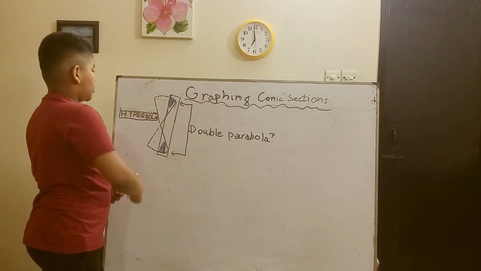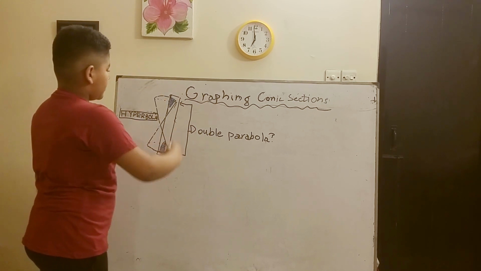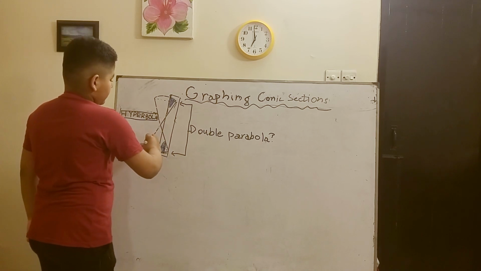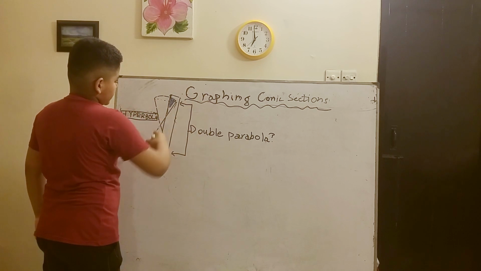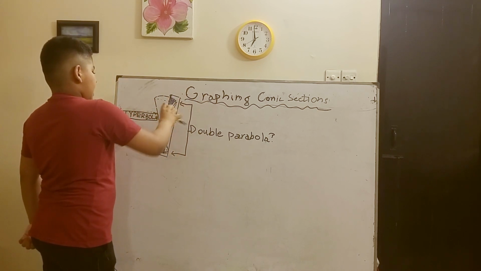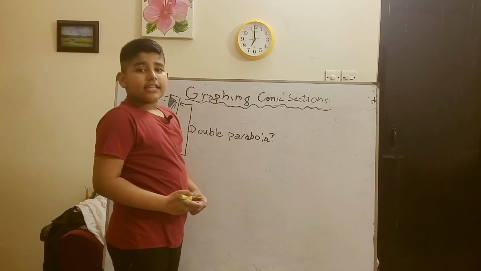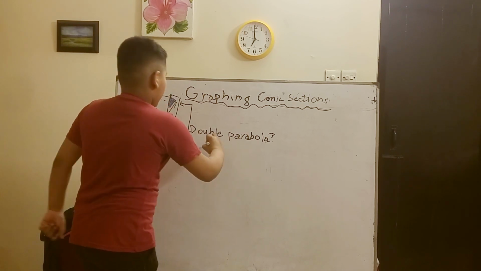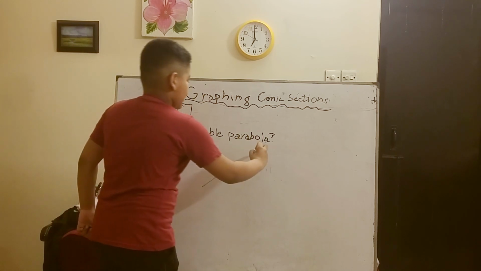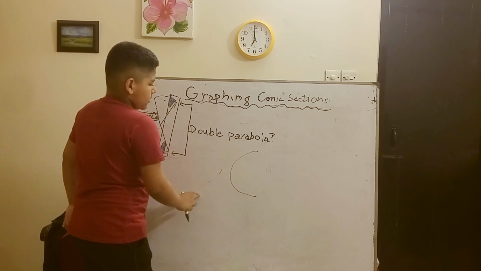Basically, the hyperbola is a plane like this, unlike a parabola, which goes straight to this corner. At a glance, the hyperbola kind of looks like a double parabola, side to side, like a parabola like this, and then another parabola like this, a double parabola.